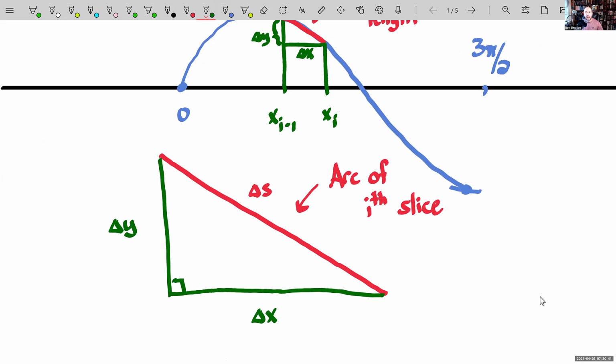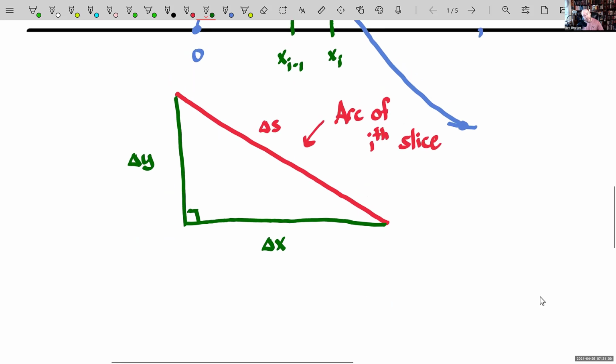Now, again, I'm writing in this that it's a right triangle, but in reality, that red line there is slightly bowed. But it turns out there is a theorem from trigonometry that most of us don't even focus on too much. But the reality is that if you have a small enough slice, it's linear, or it can be approximated very well by a linear relationship. So we can consider that delta S to be a line if we want to.